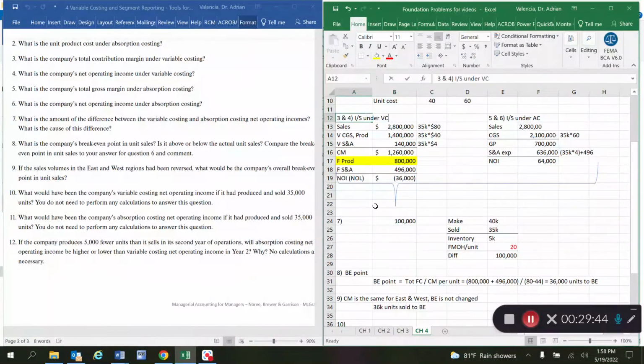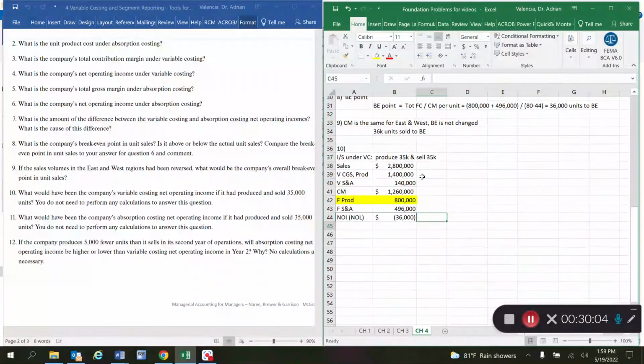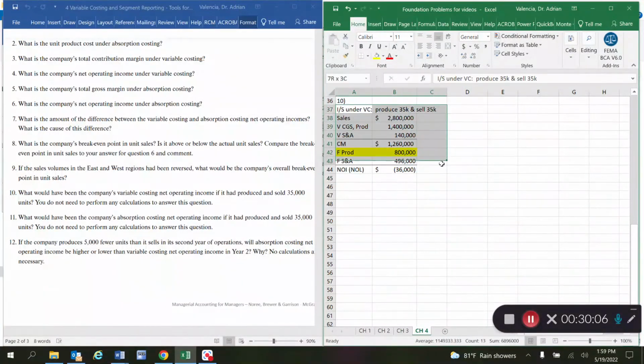So for 3 and 4, I should have added produced 40K and sold 35K. Because I'm trying to drive the point that under variable costing, it doesn't matter what this difference is. You're still going to get a negative 36,000 net operating income. Same thing here. Net operating income is going to be 36,000 even if you produce the same.